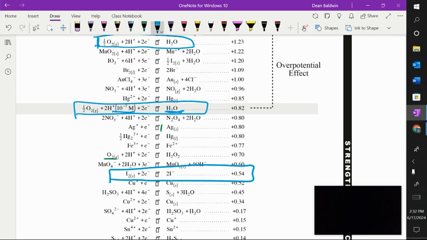Okay. Which one is going to be oxidized, the iodine or the water? Look at the strength of the reducing agent goes down this way. So on the right-hand side, it's the lower one. So it's the iodine that is oxidized. Okay, that's the anode reaction.